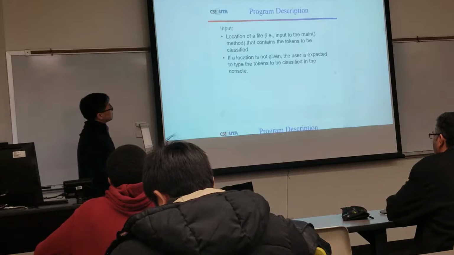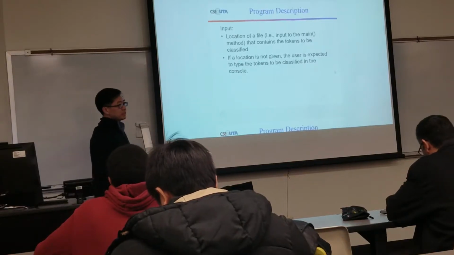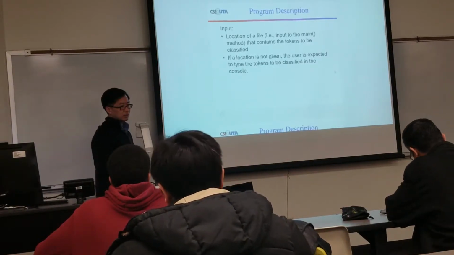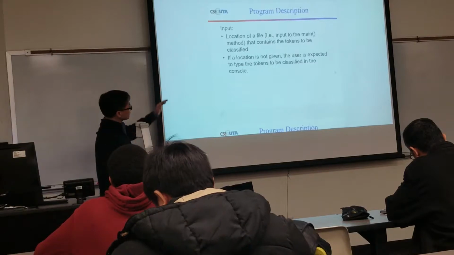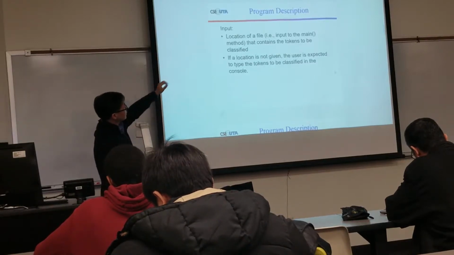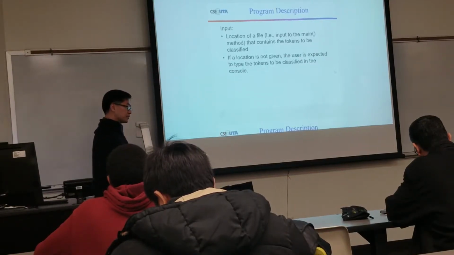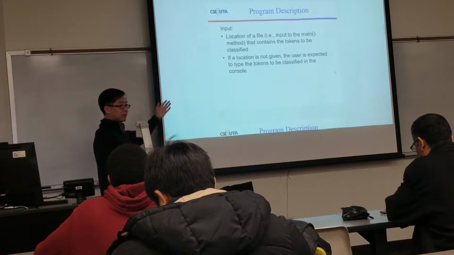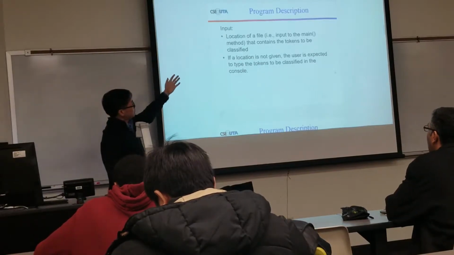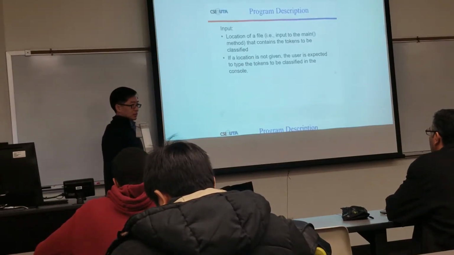So, some information about the program that you are going to test. The input taken by the program: there are 2 ways to use the program. One is that you provide the location of a file.